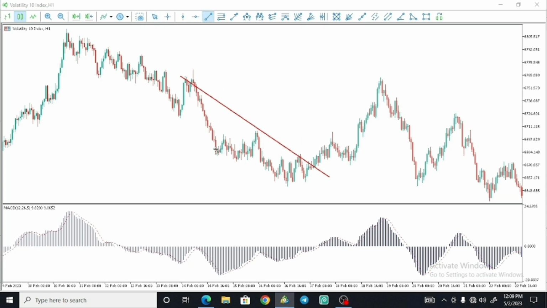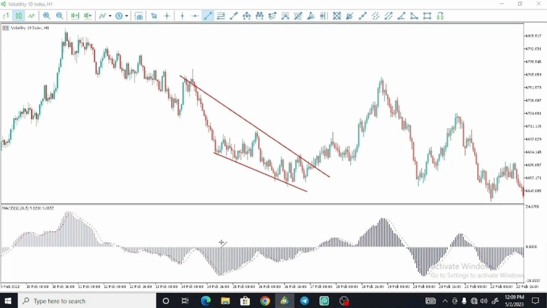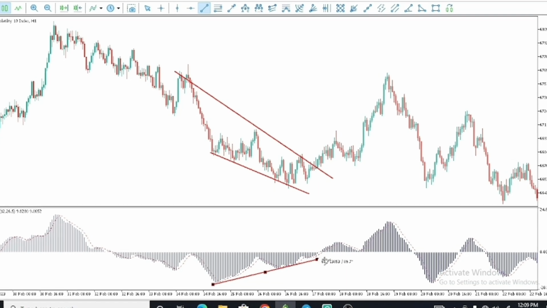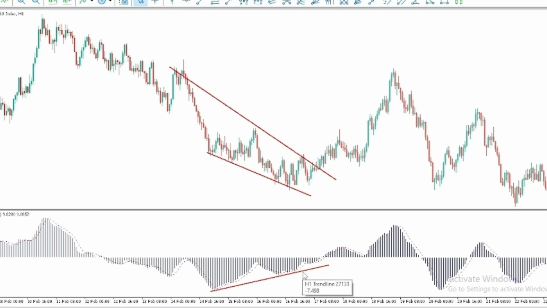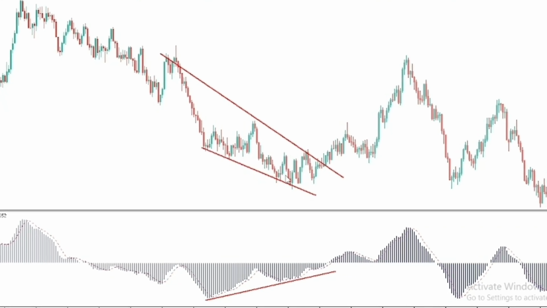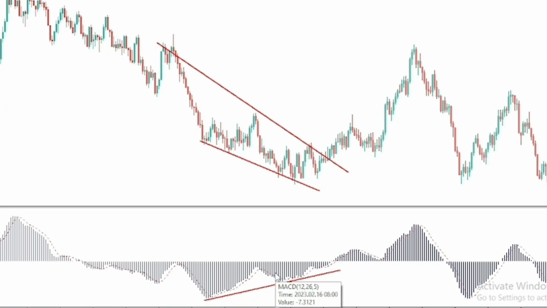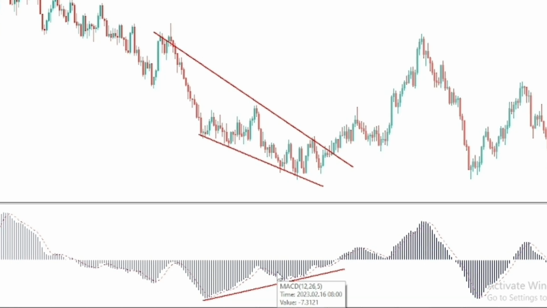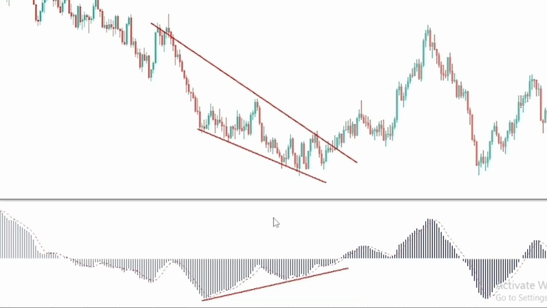If I draw my line here below, you can see that the market is still moving in a downside direction, but the MACD has already shifted in momentum and is now looking to go to the upside right here. If you look at this zone and this zone, this zone and this zone, you are going to see that the market and the MACD are moving in different directions.